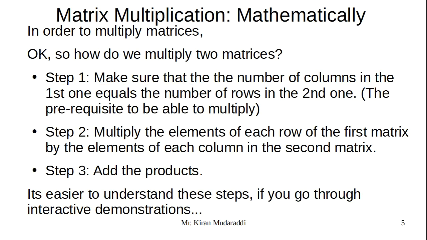When matrix multiplication is possible, how do we do the multiplication? That's quite simple. Step 1: the number of columns of the first matrix and the number of rows of the second matrix must be equal, that is, the first prerequisite must hold good. Then we multiply the rows of the first matrix by each column of the second matrix, and afterwards we add the products.